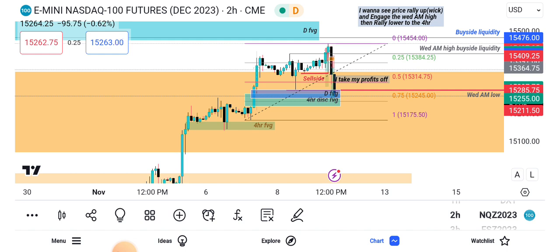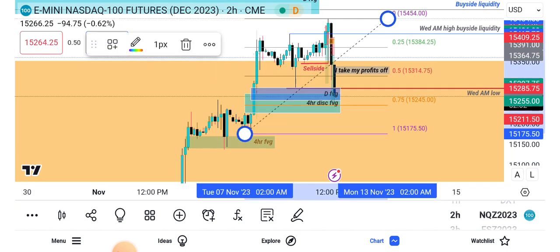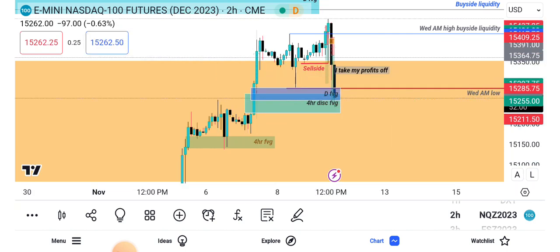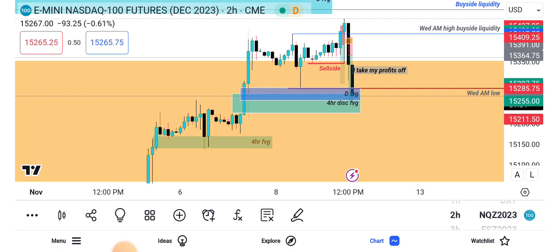Okay, so let me remove that Fibonacci tool. So let's start. Today, or this week, since I started these trade reviews, I've been saying that I want price to retrace lower.